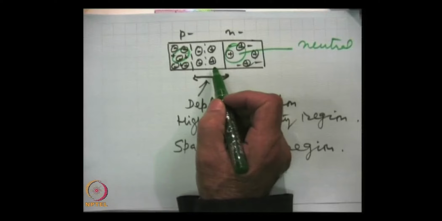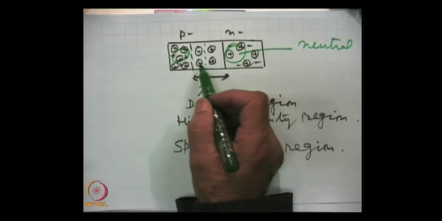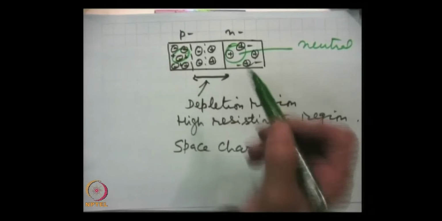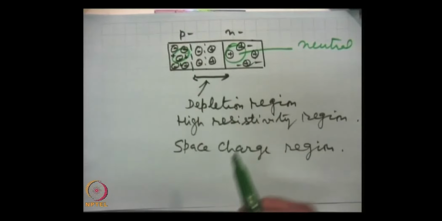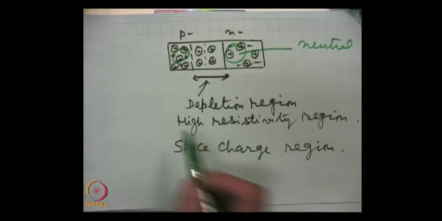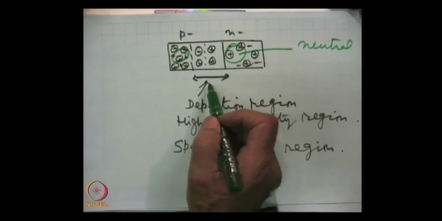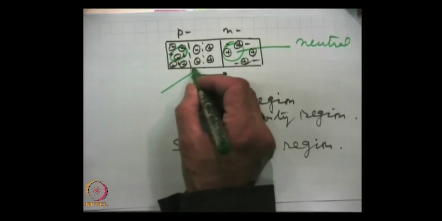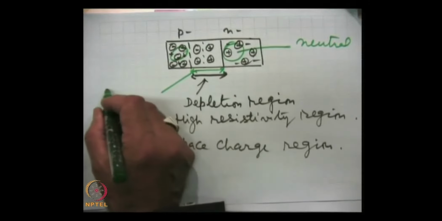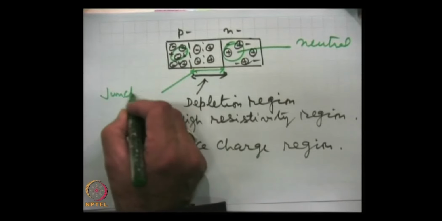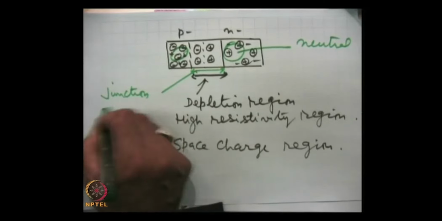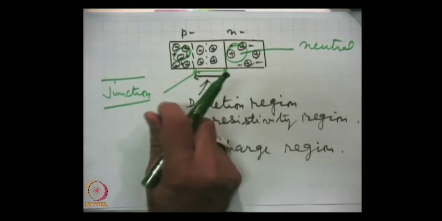Here the charges which were neutralizing the effect of these charges have been depleted. So, this is the depletion region, which is a space charge region, and a high resistivity region. From here to here, this is the junction.